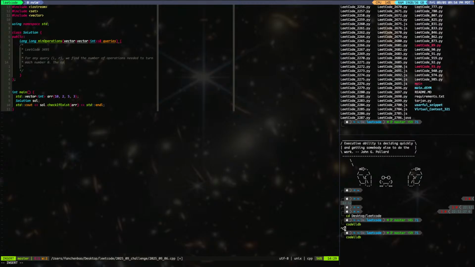The operation count for each number is its value divided by 4, floor, right?